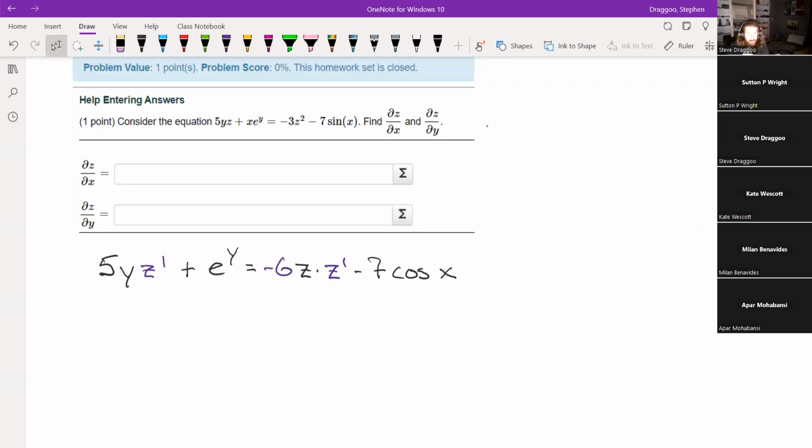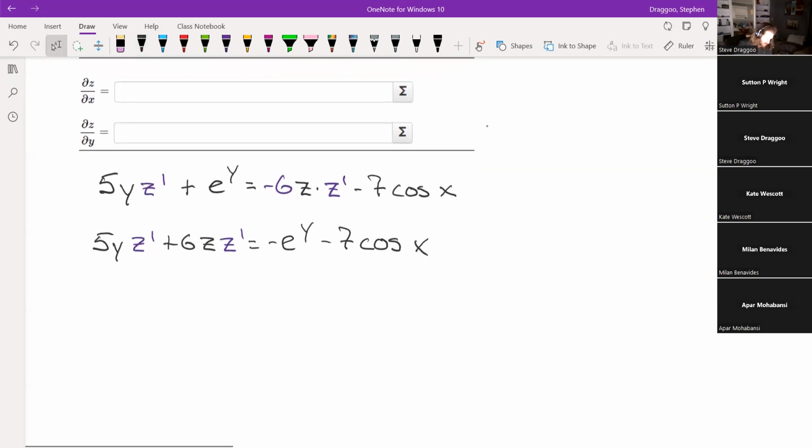And then I should just solve this thing for z prime, which means I'm going to gather up all my z primes on one side. 5y z prime plus 6z z prime. And then that's equal to negative e to the y minus 7 cosine x.